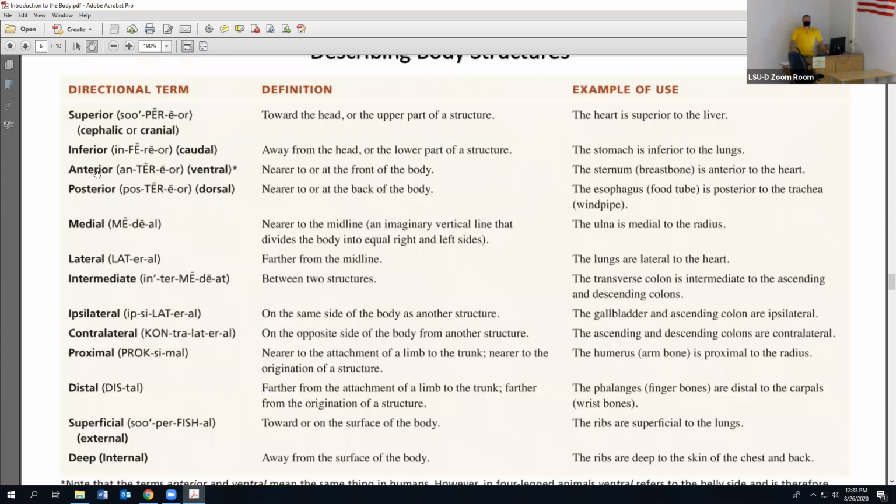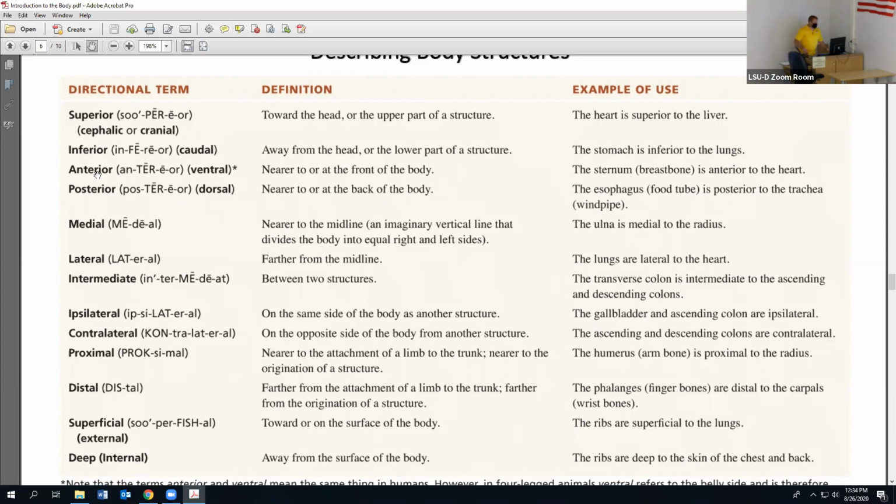So are anterior and posterior. I also do want you to know ventral and dorsal here. Anterior means towards the front, or in front of. Posterior, like people call their butt their posterior. Your butt's probably the most posterior part of your body.